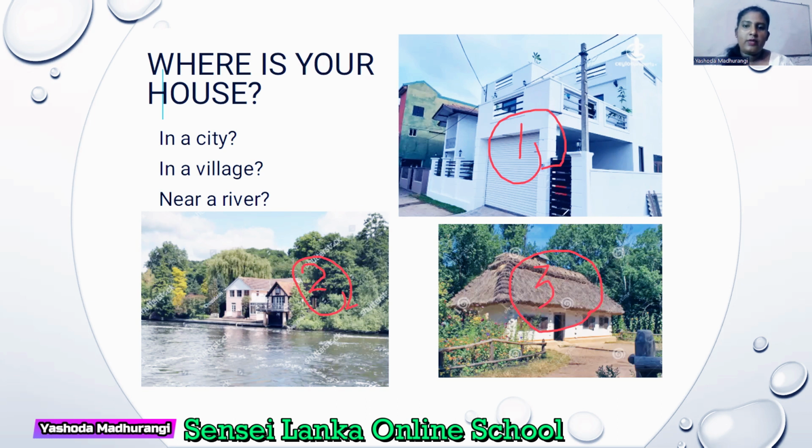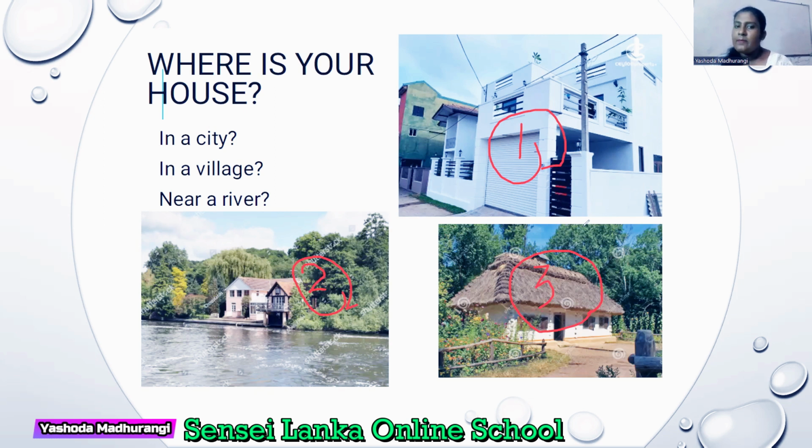Now, when you look at these 3 pictures, you can understand 3 different locations: in a city, near a river, and in a village. So now you have a question. Think about it. Where is your house? Sometimes it may be near a coastal area, near the sea. So you can say my house is located near a coastal area.